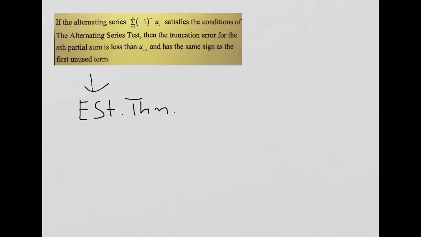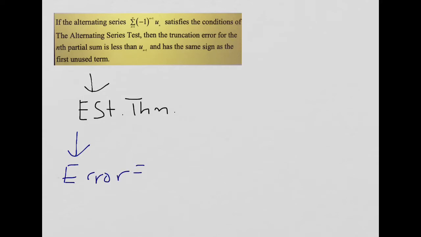So I know that you wrote this down, so the word should make sense here. Basically what this is saying is that there is an error. That's why it's an estimation theorem, so you're a little bit off.